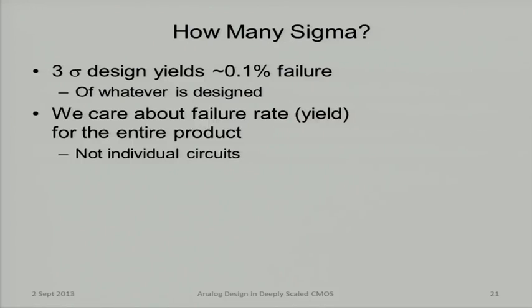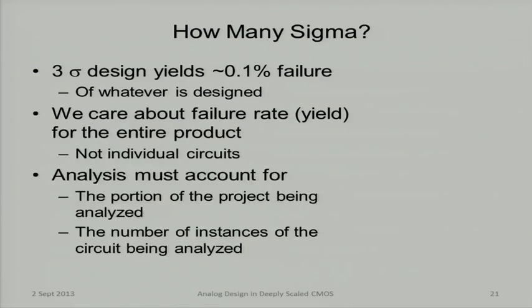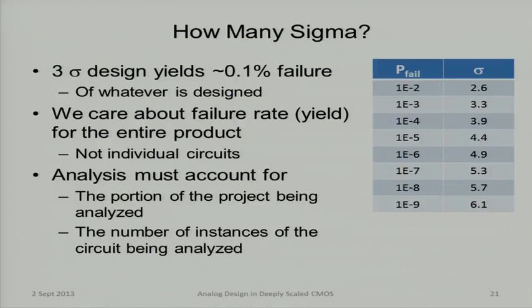So when you're designing an individual circuit, you really need to think about, what yield do I need to get on that circuit? So you need to look at, what proportion of the product is being analyzed. What are the number of instances of the circuit? If I'm dealing with an SRAM circuit, we get large numbers of bits there.